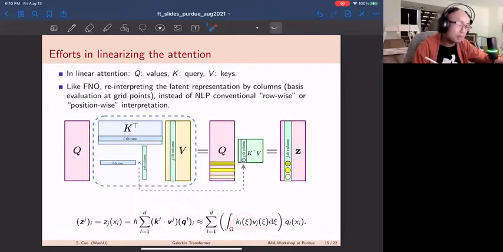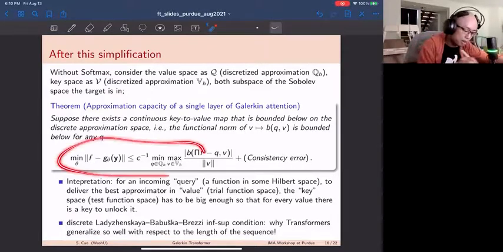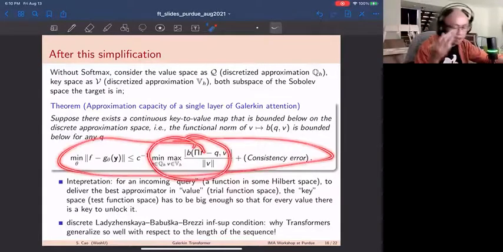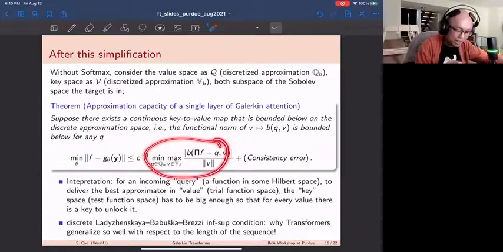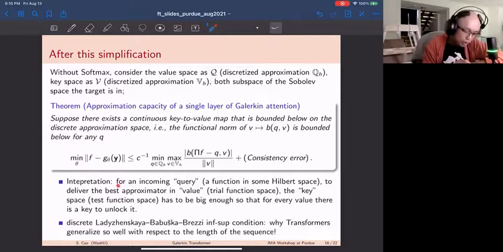This is our incoming function. Following this practice, we can simplify it a lot, and we can have this approximation property. And if we have learned finite element, we can tell immediately this corresponds to a mixed finite element method, which is a saddle point problem. And the interpretation is extremely nice.